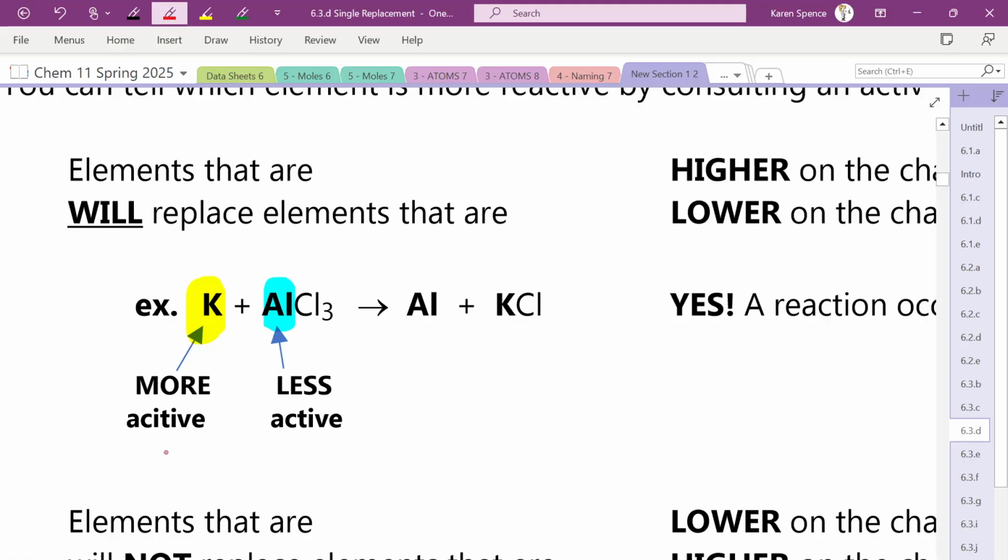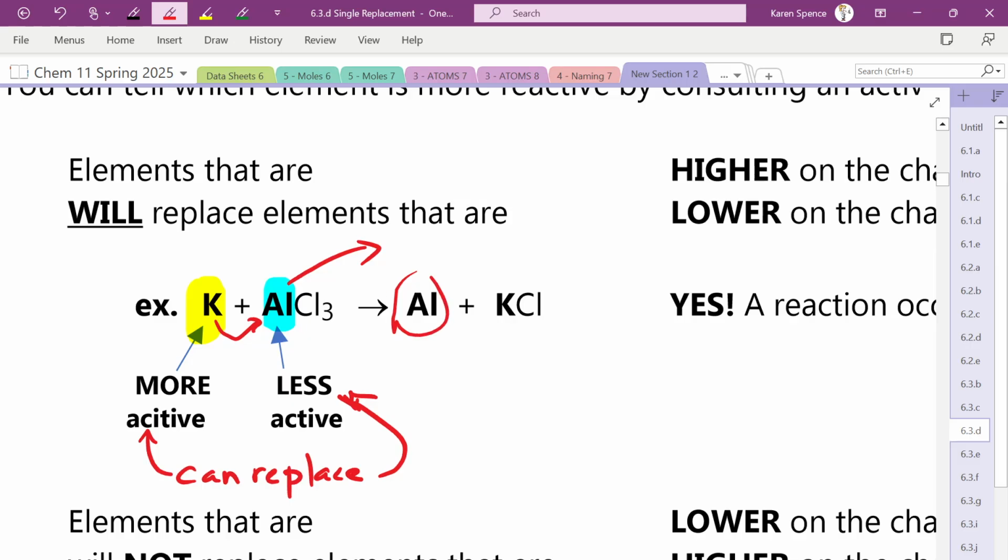If the element is more active, it can replace less active. Yes? More active can replace less active. So what's going to happen is that potassium is going to boot out aluminum. Aluminum will be on its own, and the potassium will pair up with the chloride. At that point, you would balance it.